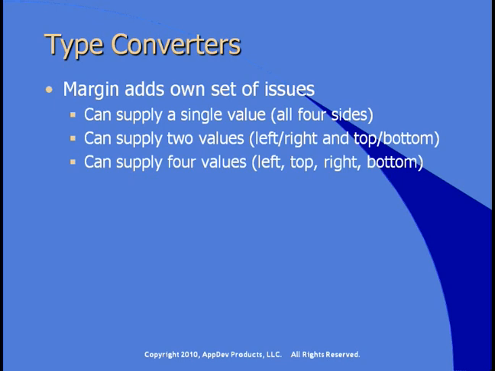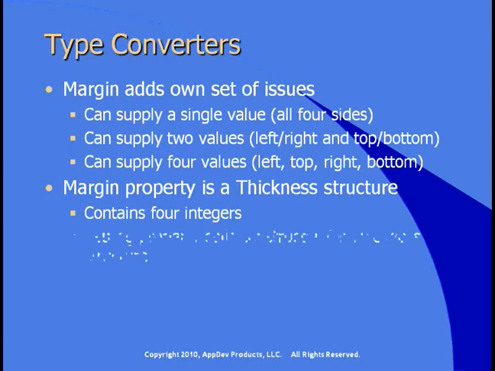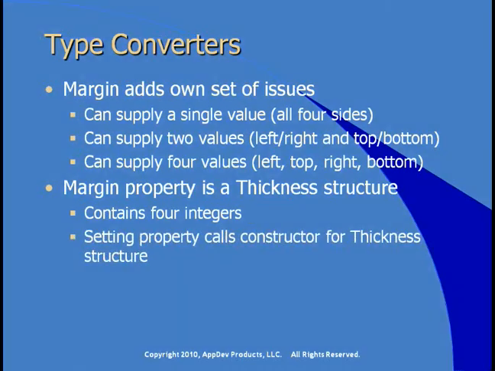Who's taking those 4 comma-delimited values and converting them into something that can be rendered as a control's margins at runtime? Well, the margin property really represents a thickness structure. A thickness structure in the .NET Framework contains 4 integers. Setting the property in XAML calls the constructor for the thickness structure, and it copies the values you've entered into various properties of the thickness structure.